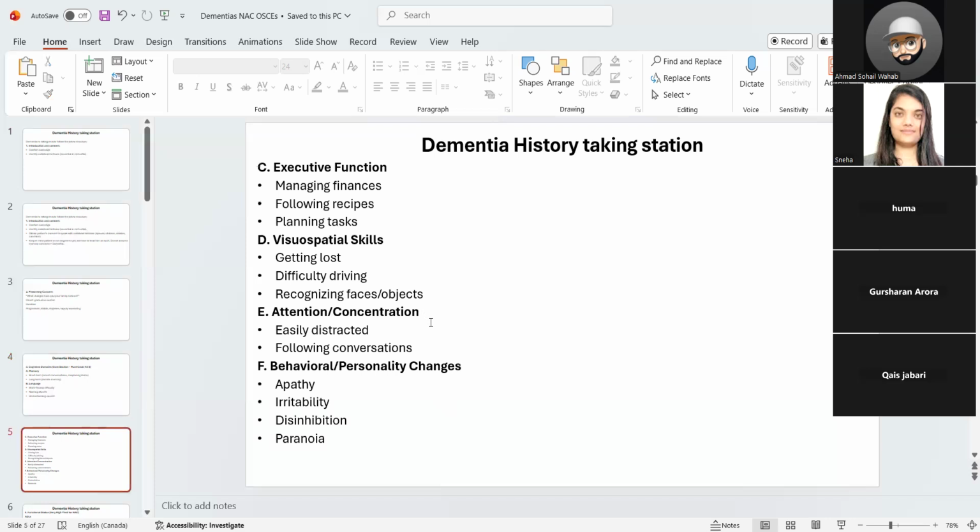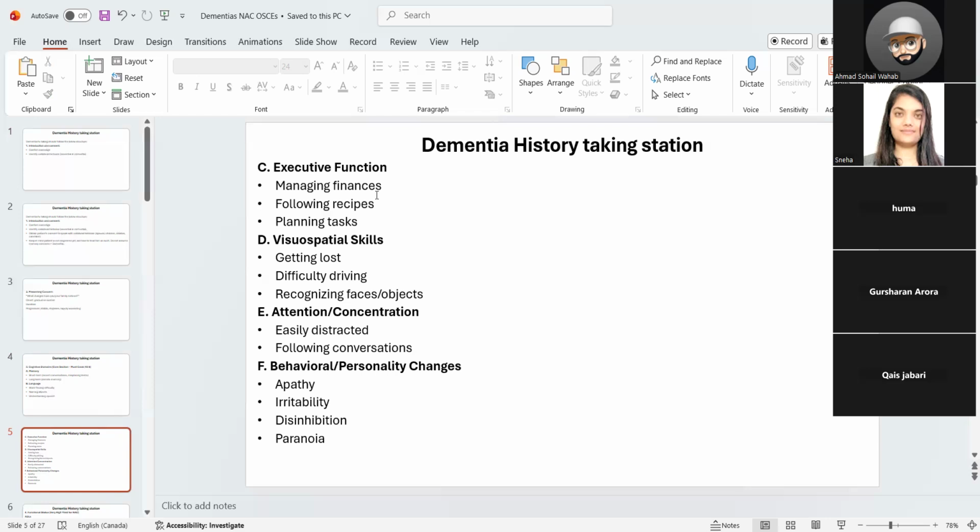Now, once we have covered these two, the next one would be to see their executive function. You can ask them who manages their finances. If they do it themselves, you ask, are you doing it yourself right now? Yes or no. If they say they haven't been able to keep up with it, that will give us an idea that they have executive dysfunction.